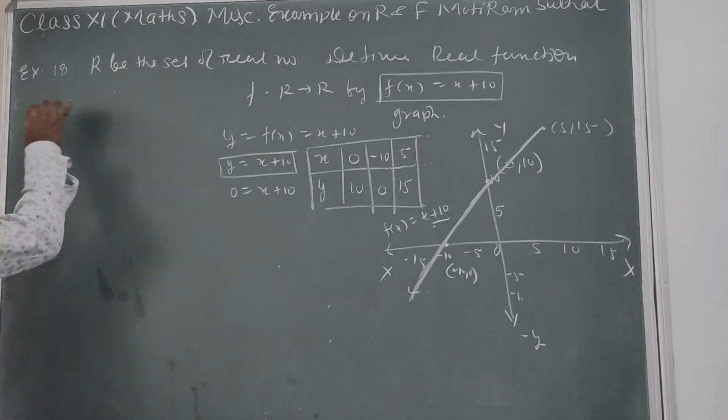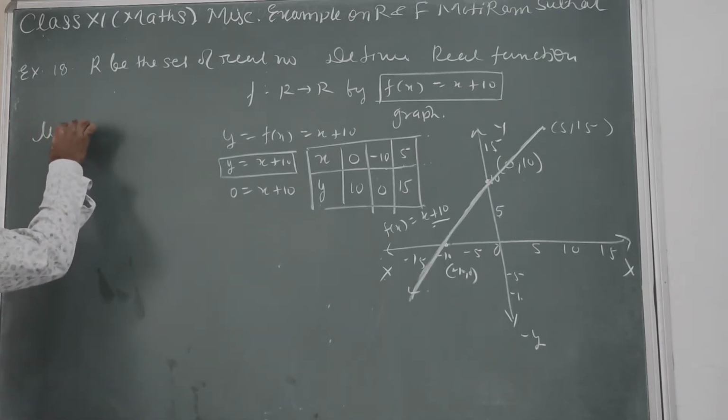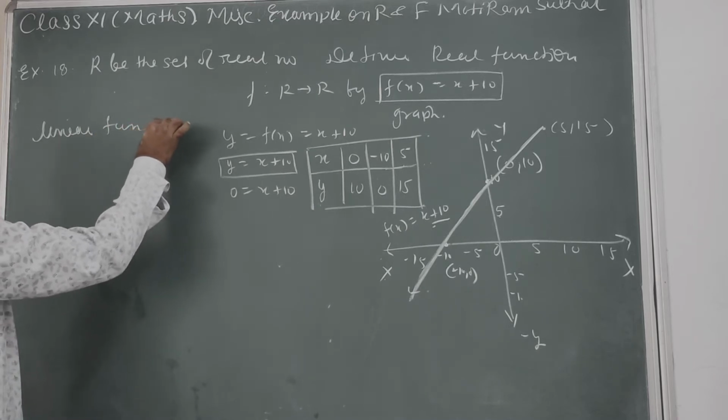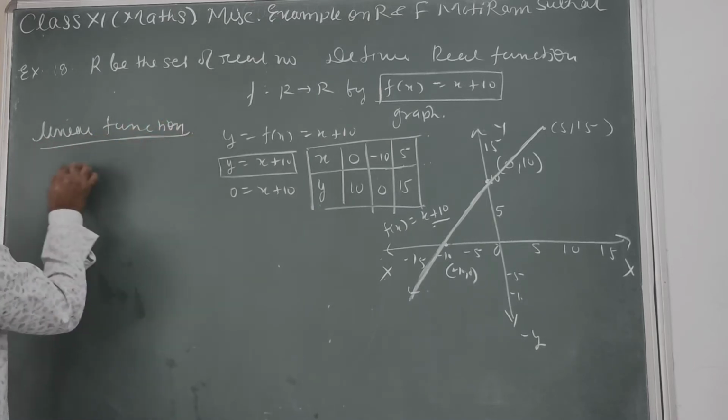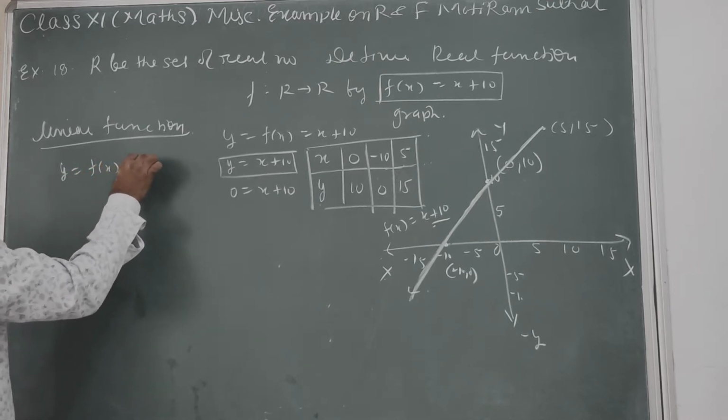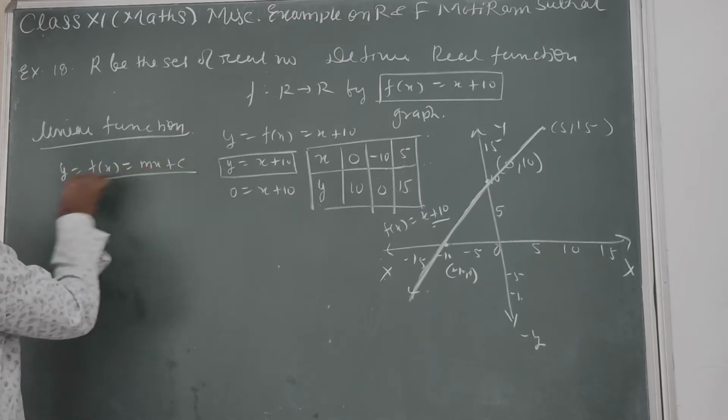Just like a linear polynomial, what do we call this? A linear function. So any function which is in the form of y equal to f(x) equal to mx plus c is the representation of a linear function. This is an extra point to be noted, which is very important.